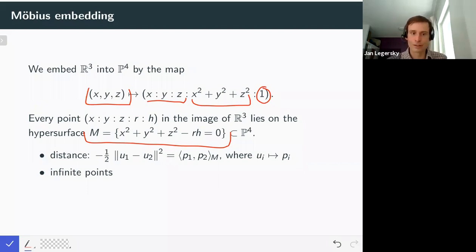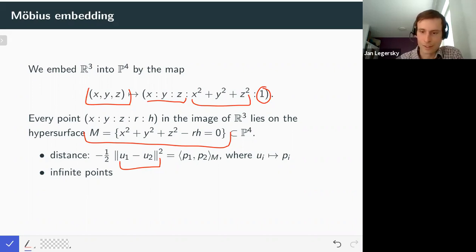In this particular case, the square of the Euclidean distance between points U1 and U2 is given by the symmetric bilinear form that defines our hypersurface M, assuming that we dehomogenize in a way that the H coordinate is equal to 1. Having this formula, we can prove what we need about our objects.